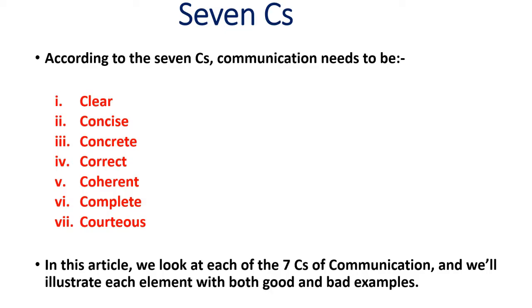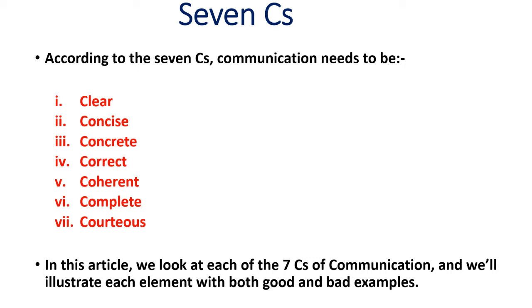So now let's come to the 7 C's of communication. What is actually the 7 C's of communication? The 7 C's of communication is a list of principles through which we can make communication successful, or prevent our communication from failing. According to the 7 C's of communication, these are: 1. Clear, 2.